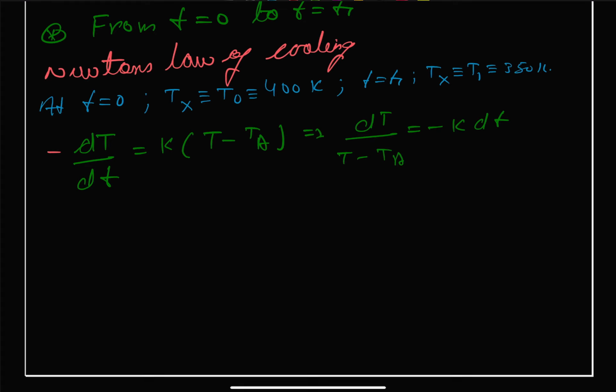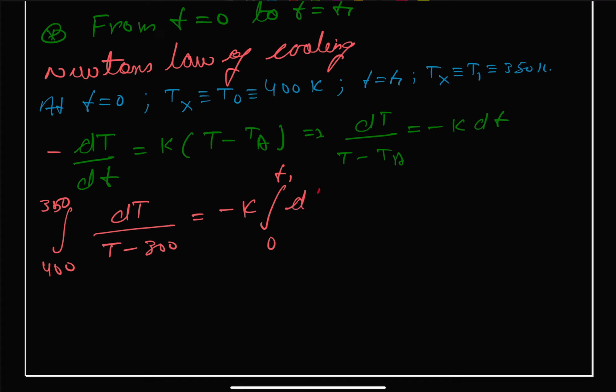So we can say our integration is from 400 to 350 Kelvin, so this comes as 400 to 350 dT upon T minus TA, where TA is our atmospheric temperature, that is 300, is equal to minus K, and this comes as 0 to T1 times dt.